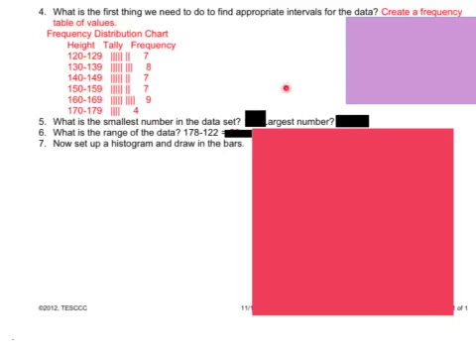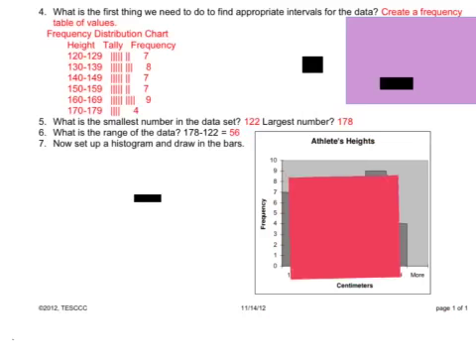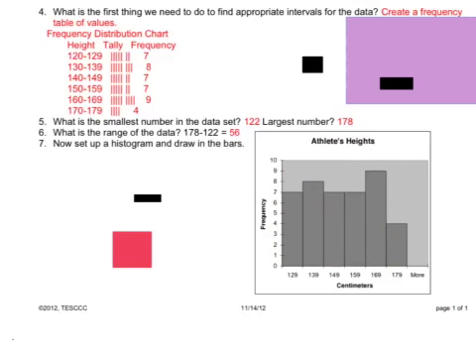So again, our smallest number is 122 and our largest number is 178, which gives us that range of 56. To set up our histogram, we see that since the largest frequency is 9, between 160 and 169, we can set up our y values for our frequency to be no more than 10.